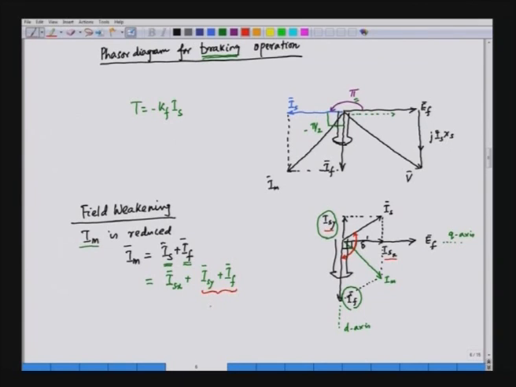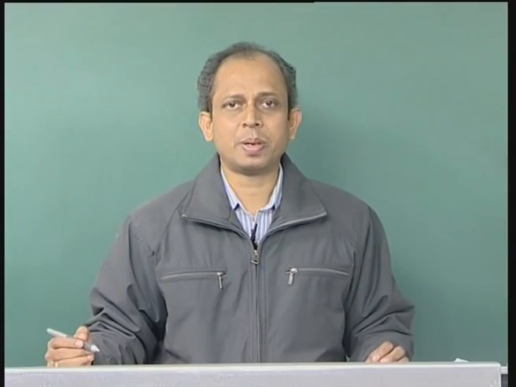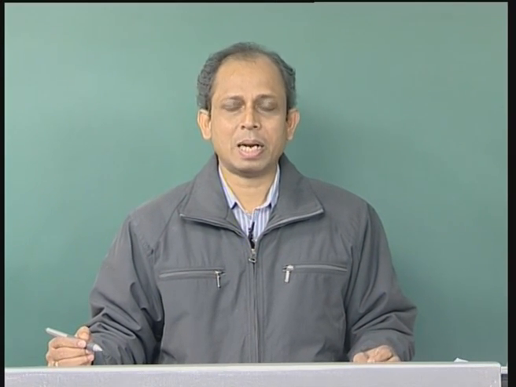Now this is reduced, so we will have a reduced Im, and once the magnetization current is reduced, even with increased speed the terminal voltage will be constant. This is called field weakening, and it is preferred for higher speed. When we want higher speed operation, we have to reduce the magnetization current, which is achieved by increasing delta prime.